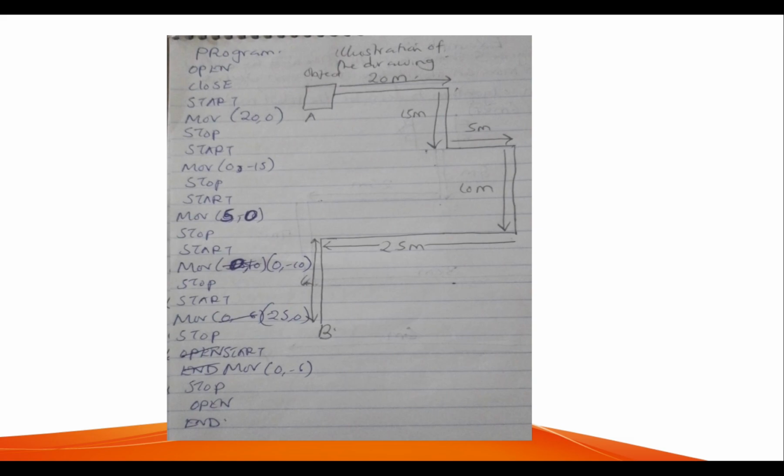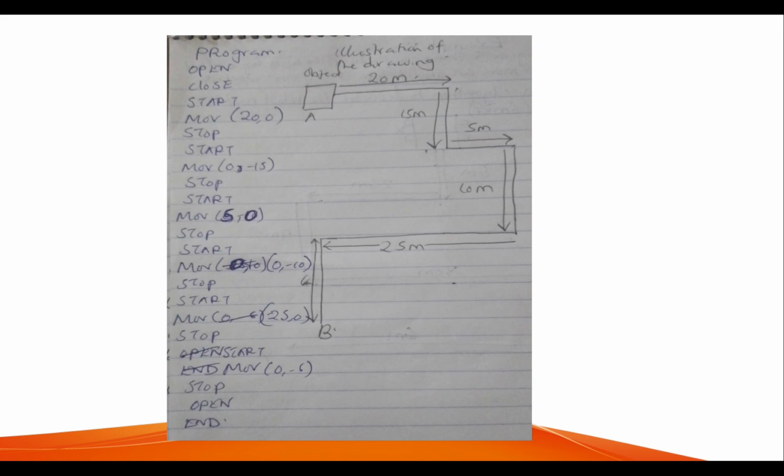Then it will stop and start again, move 5, 0. So it means the x-axis is the one that is being affected by moving a positive distance of 5 meters, but my y-axis is at 0. So that tells you that the movement is to my right.